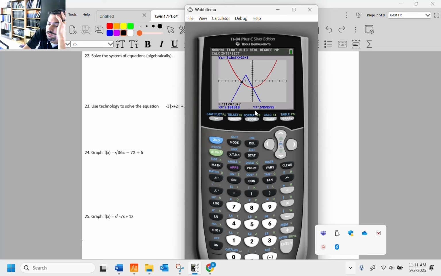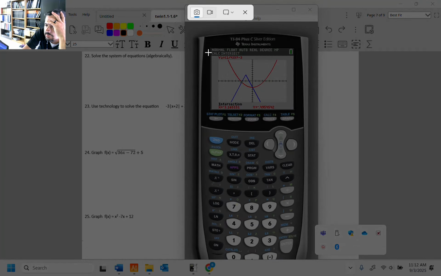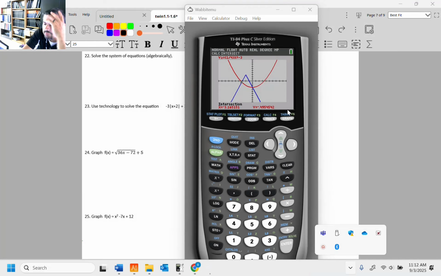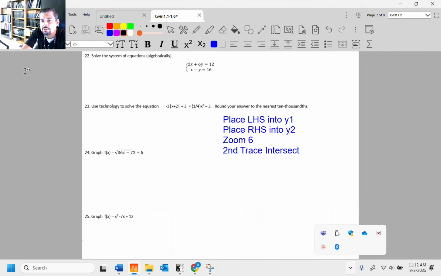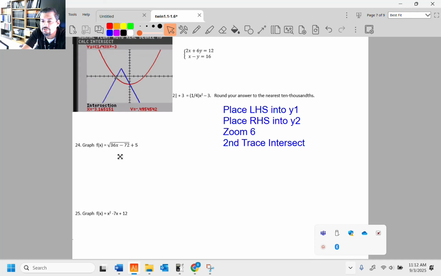So I just pressed that left arrow until I got close. Then enter once, twice, thrice. So negative 3.1652, because I'm asking you to round to the nearest 10,000th probably. Let's just snip this, put it on the grid here. It says nearest 10,000ths, yeah, that's 4 decimal places.